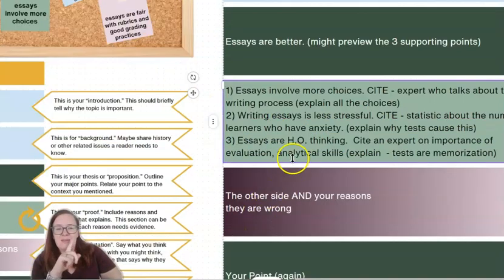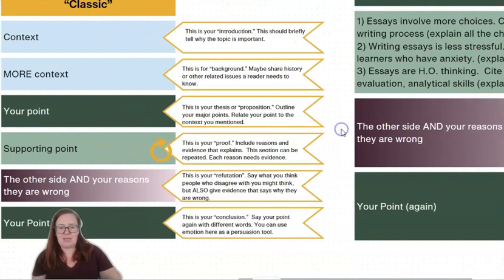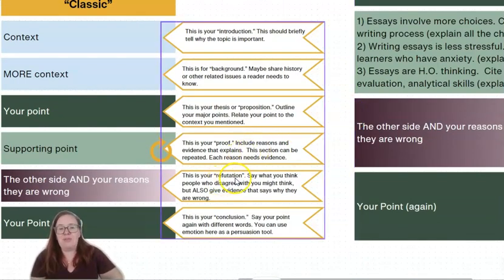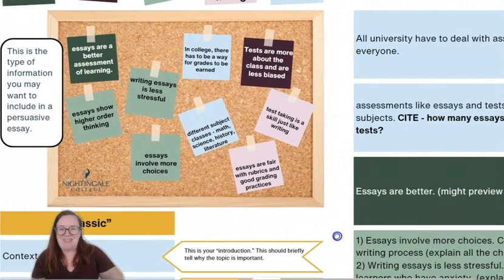Okay, so then the next section is about the other side and my reasons why they're wrong. This goes in the same part in classical. It's called the refutation. Okay, so what people think and why they're wrong.